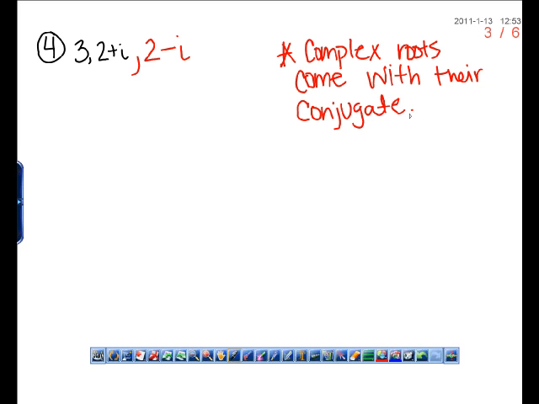Okay, so the signs on this one get a little tricky because on the other one we had x minus root 2 and x plus root 2. But we're not changing the sign of the one in front. It's becoming the conjugate now. All right? So how do I write 3 as a factor? X minus 3. Now in order to get 2 plus i as my root, does anyone know what my factor is going to have to be?